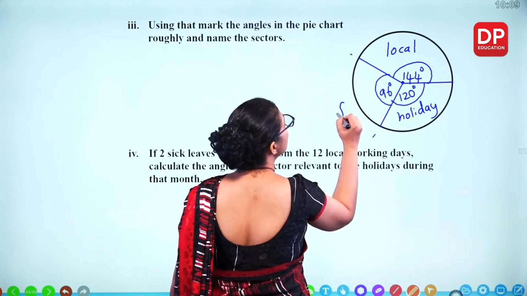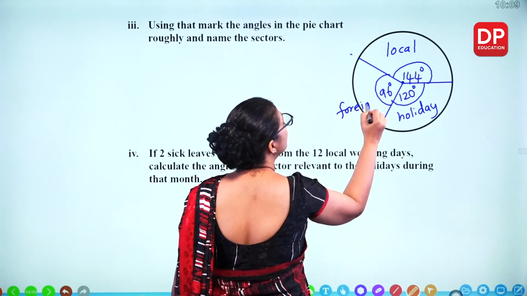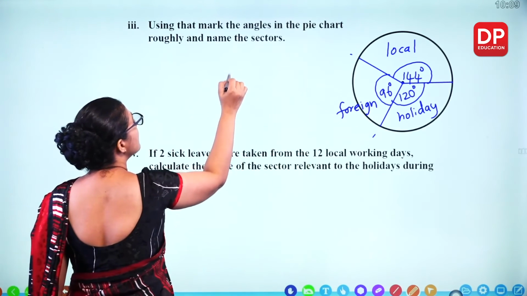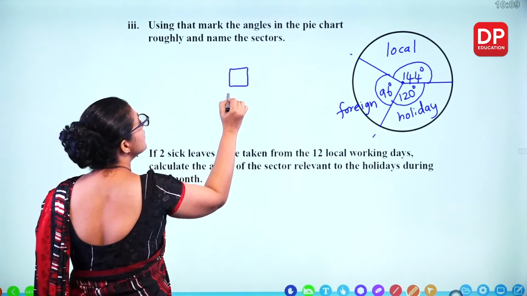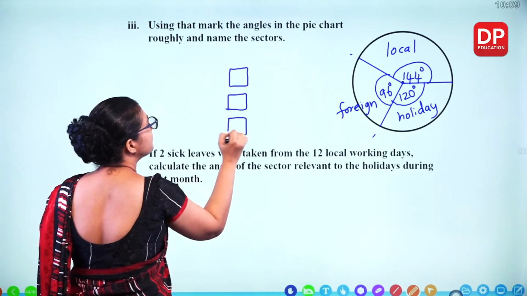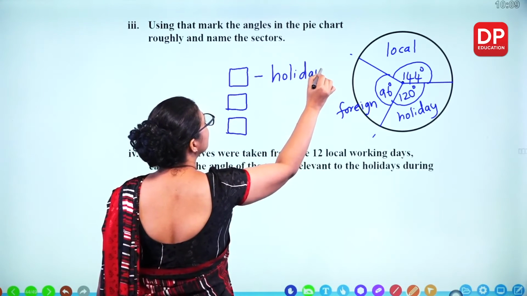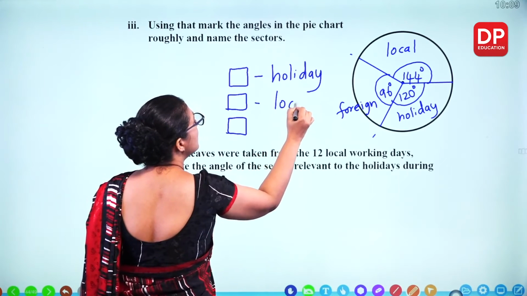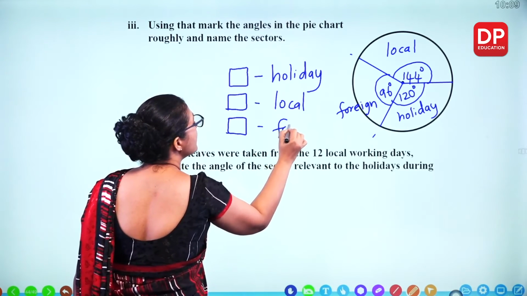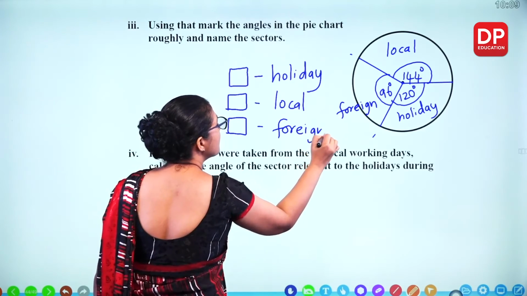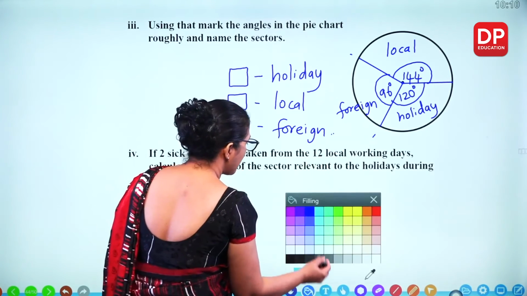So you can label the categories: holiday, local and foreign. And you can color this.